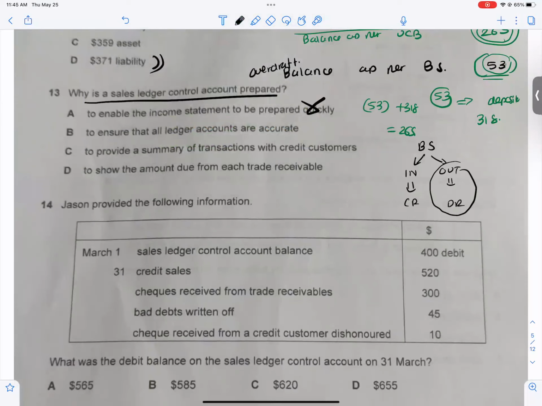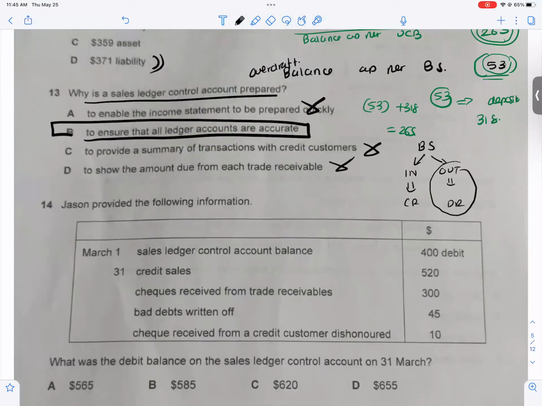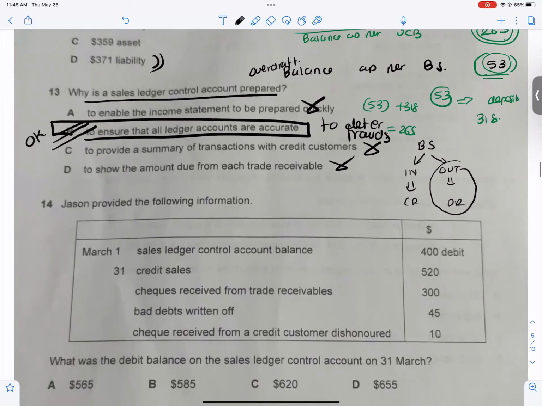To provide a summary of transactions, that is also wrong. To show the amount due from each, D is also wrong. It's B.